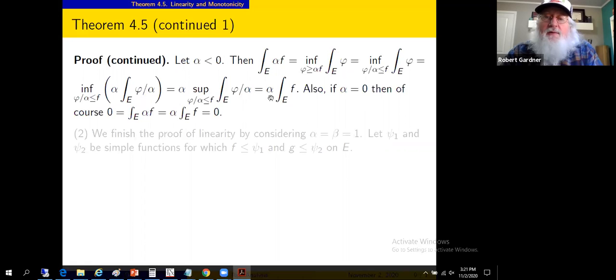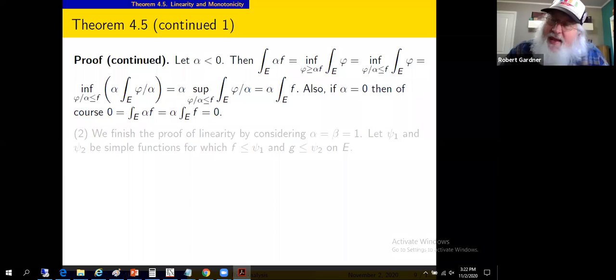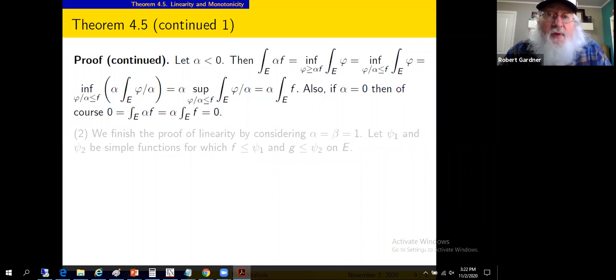So, as we saw upstairs, we actually get not the upper or lower Lebesgue integral, we get the common value of the Lebesgue integral. So this produces the Lebesgue integral and we got the alpha outside. So it's just a matter of changing settings to where you can move the alphas around. Where do you know you can move the alphas around? When dealing with simple functions. We showed that with linearity in the simple function setting.